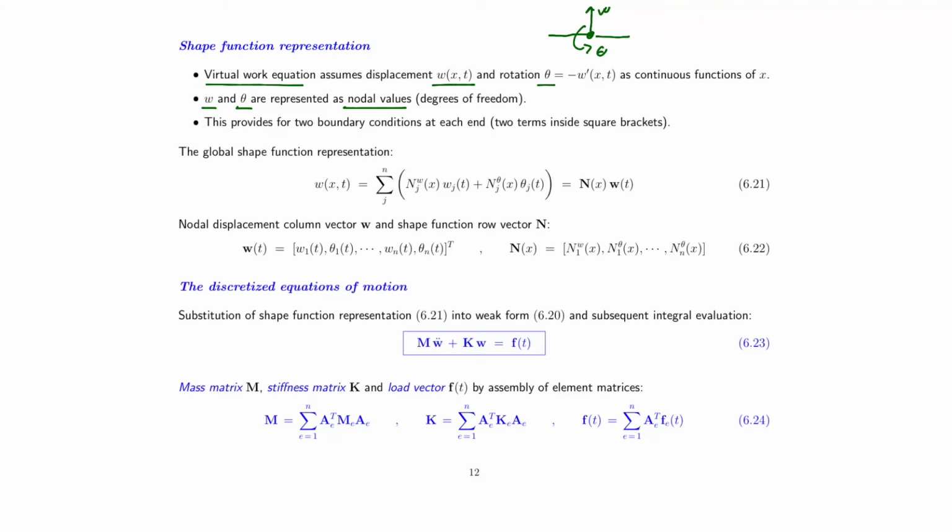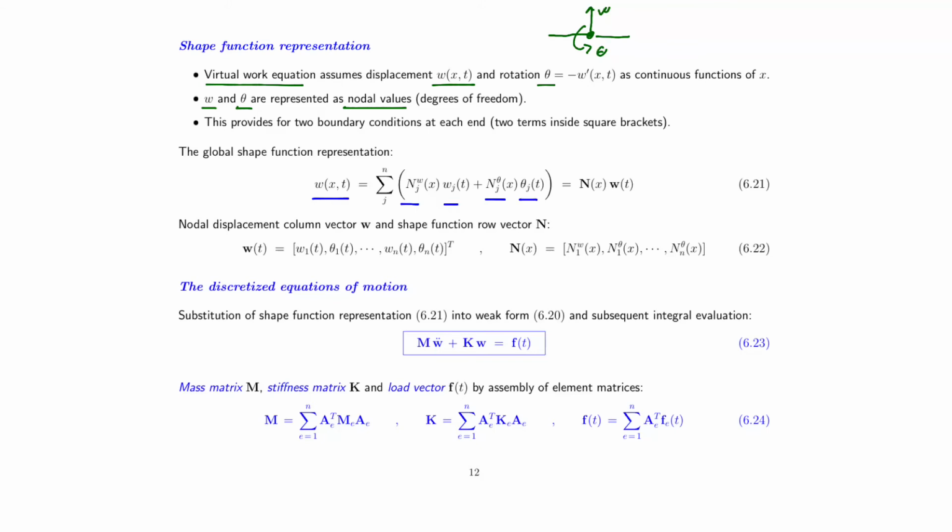Therefore, in terms of global shape functions, we will now have two terms per node. We will have one shape function that interpolates the transverse displacement, and another shape function that interpolates the nodal rotation.